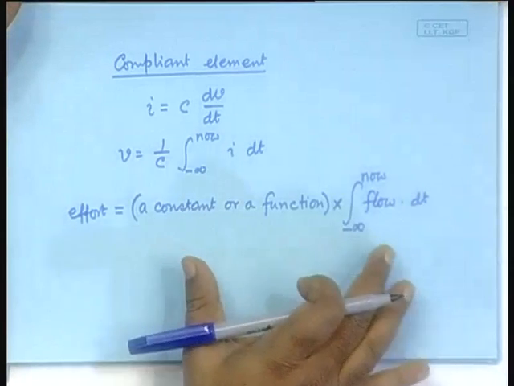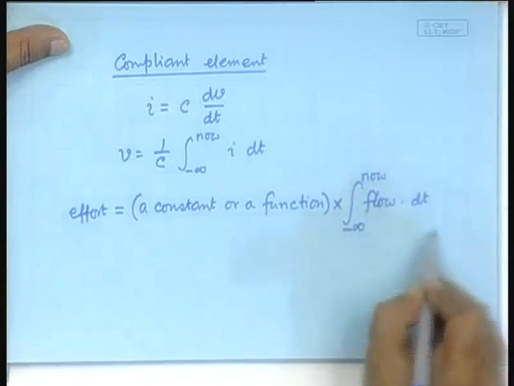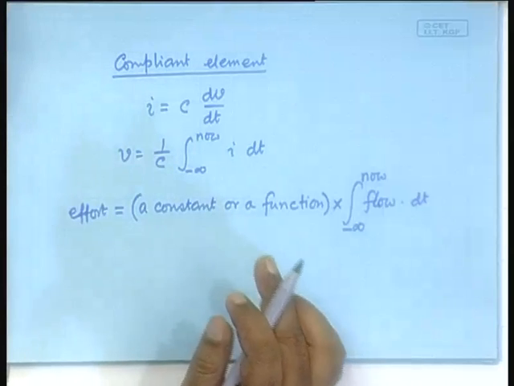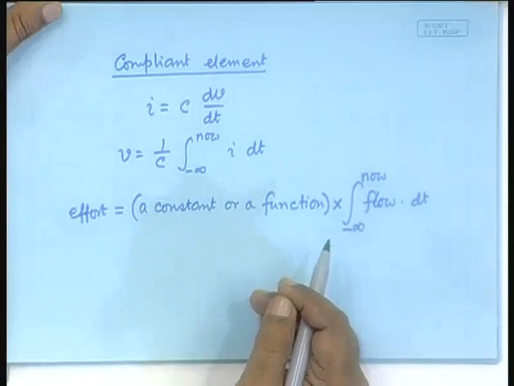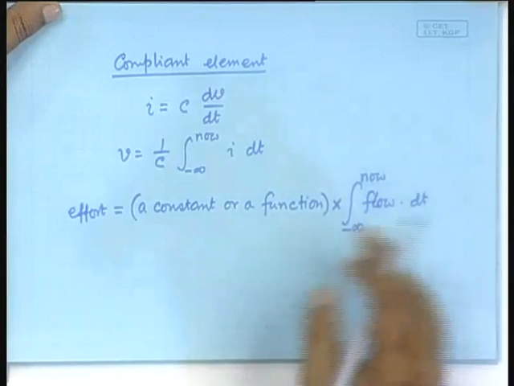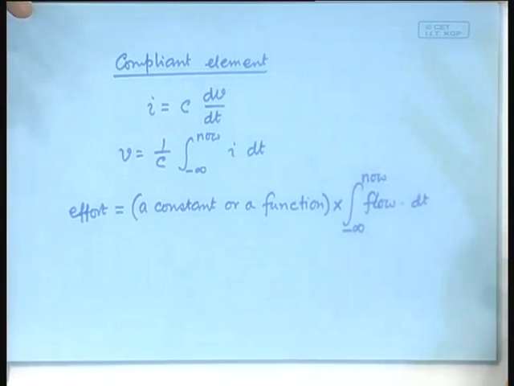Now, this particular statement is the definition of a compliant element. When we learnt earlier, it was a bit restrictive definition, but now you can easily understand there would be a compliant element in the thermal domain, and in the magnetic domain, which was not clear when we discussed only the spring and the capacitor.